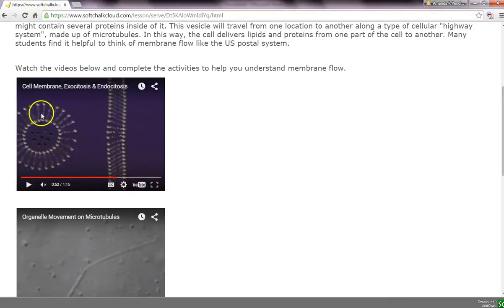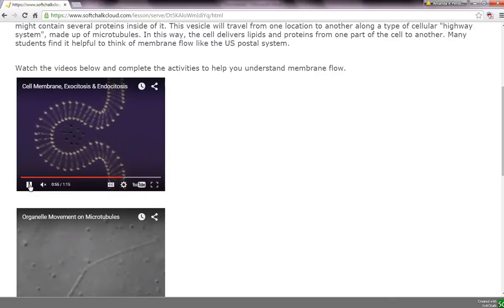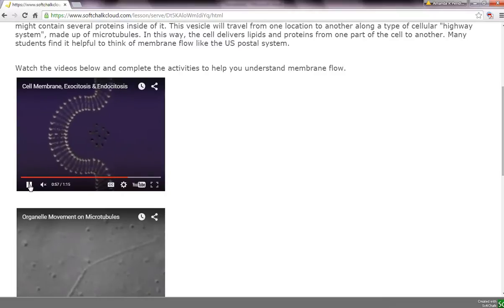Also, phospholipids surround it, and inside are the things that the cell wants to secrete. This is the extracellular matrix being made. This is the cell vomit inside of here. So we come up and then look how those phospholipid layers fuse and then dump out the contents. So that's how membrane flow works, and that's how extracellular matrix is made.